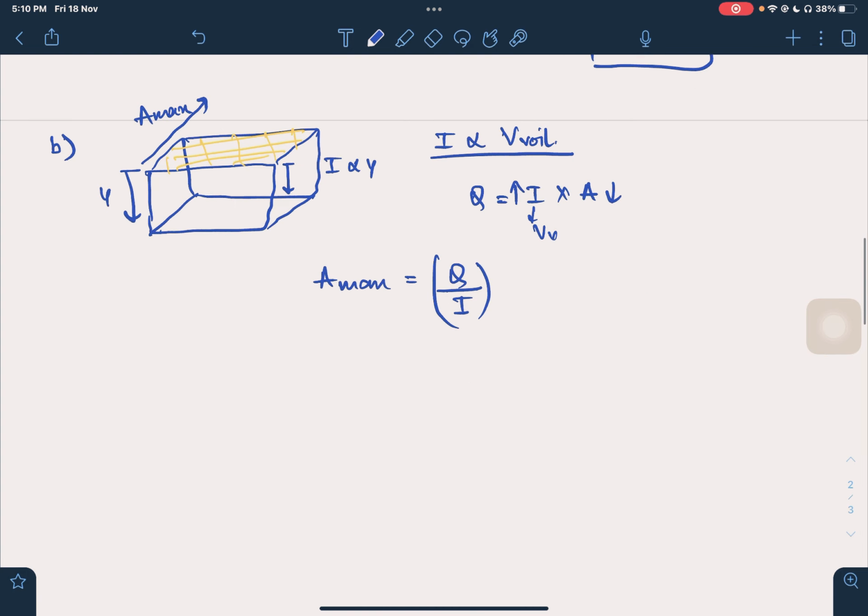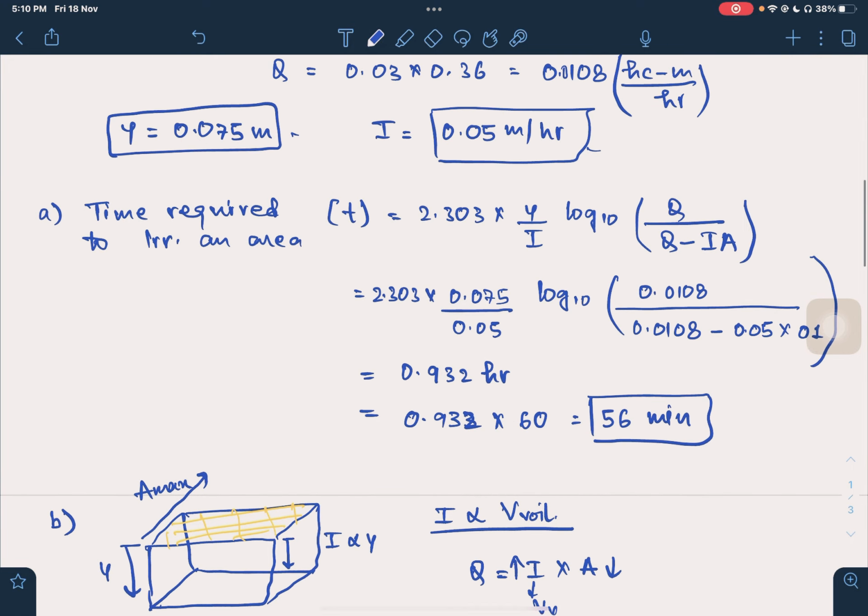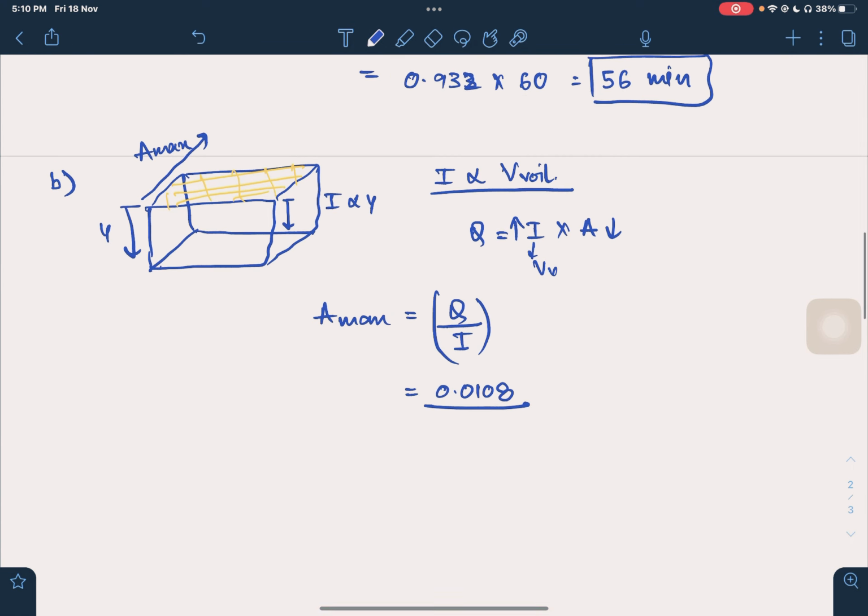Q is 0.0108, and I is 0.05. The area comes out to be 0.216 hectares.